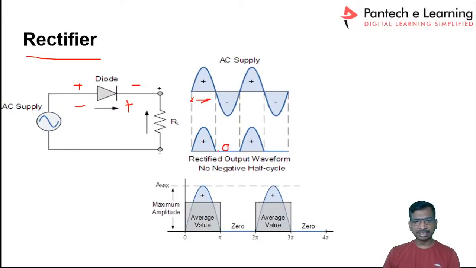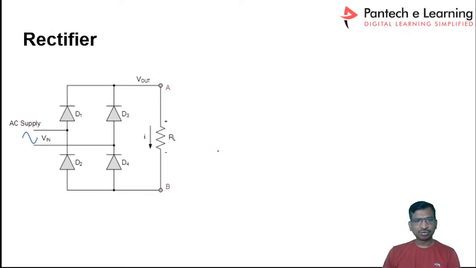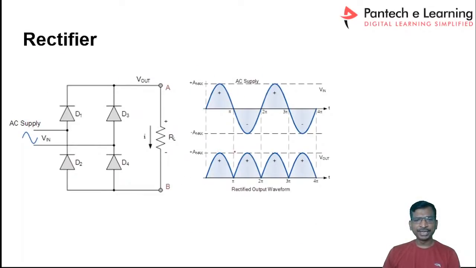Similarly, if you take a full wave rectifier, you will always get an output voltage, because the four diodes give you alternate current flow paths. For example, for the positive cycle, D1, the load, and D4 will get connected.